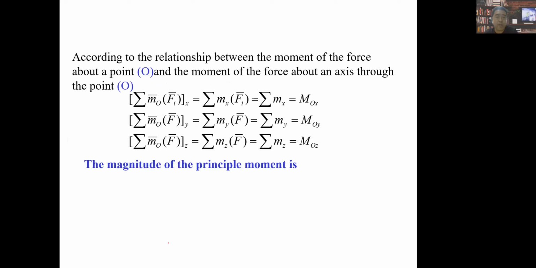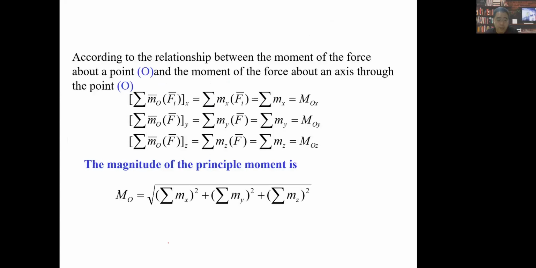And according to the relationship between the moment of a force about a point O and the moment of the same force about an axis through the point, we have repeated that many times, so maybe I can repeat it one more time today. Actually, MO(F), we can write like this.